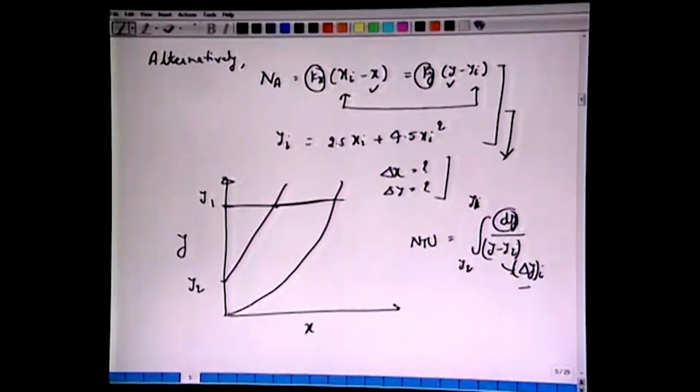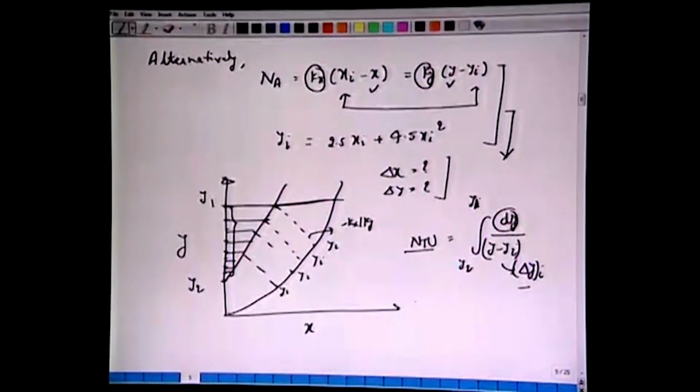You divide y1 to y2 into several dy, maybe 10 sections, so you have y1, y2, y3, y4 between these two domains, and from each point you draw these parallel lines of slope minus kx over ky to obtain the yi corresponding to each y. So we have all the yi's, and then we can do the calculations for the number of transfer units.